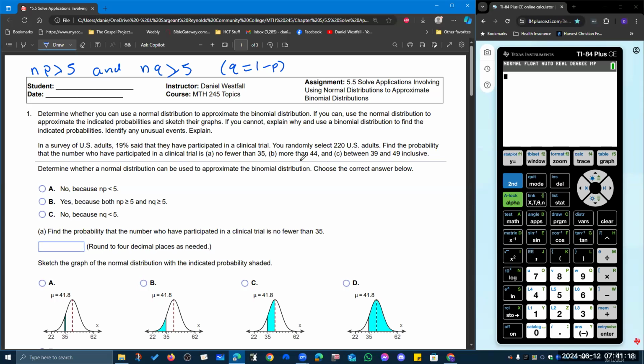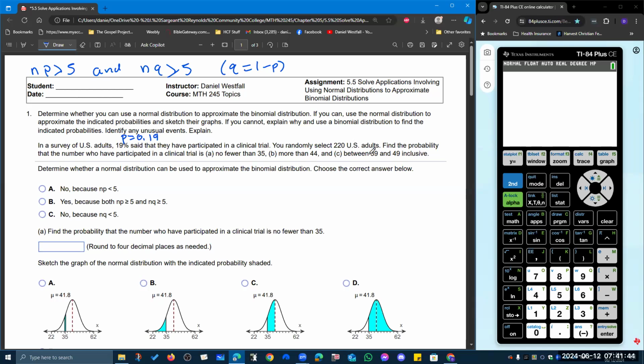In a survey of US adults, 19% say they have participated in a clinical trial. That's my p right there, 0.19. You randomly select 220 US adults. Find the probability that the number who have participated in the clinical trial is no fewer than 35, more than 44, between 39 and 49 inclusive.